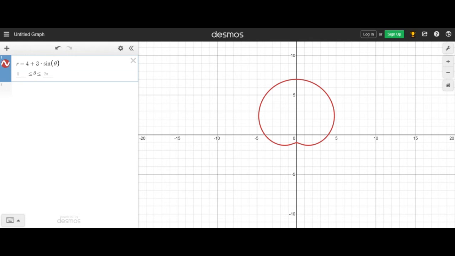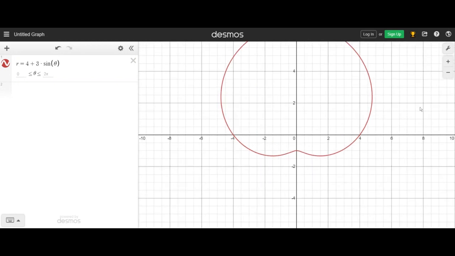If we want the right half of the cardioid, we have to figure out what the starting and ending angles are.